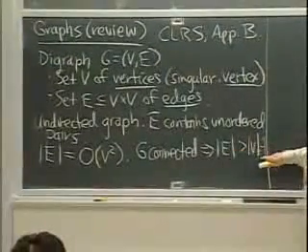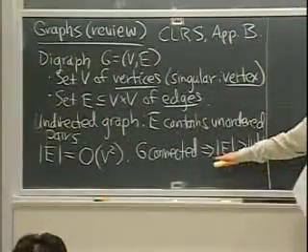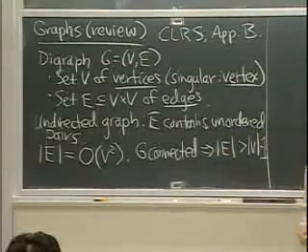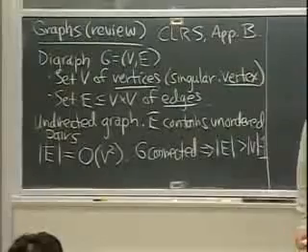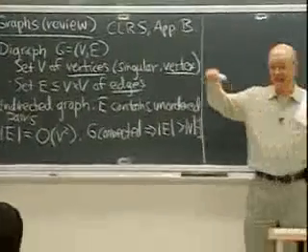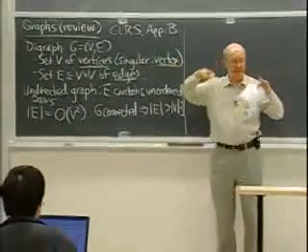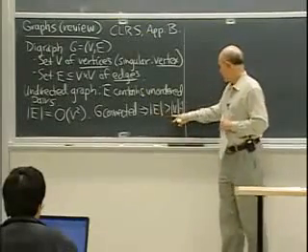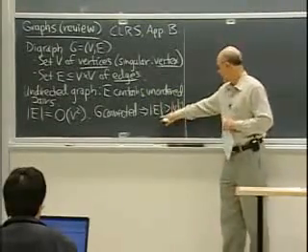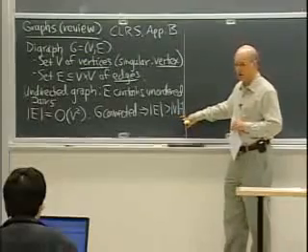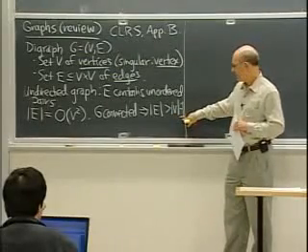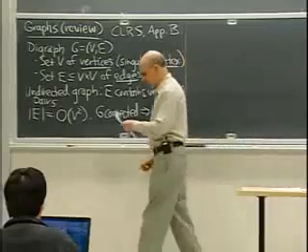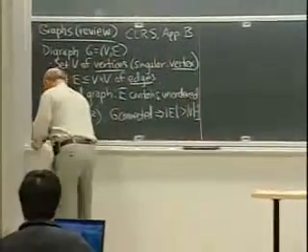So if it's connected, what does it mean to have a graph that's connected? Yes, there's a path from any vertex to any other vertex in the graph. That's what it means to be connected. So then the number of edges is at least the number of vertices minus 1.